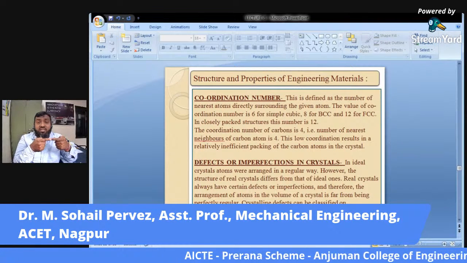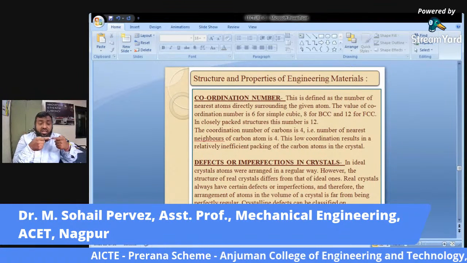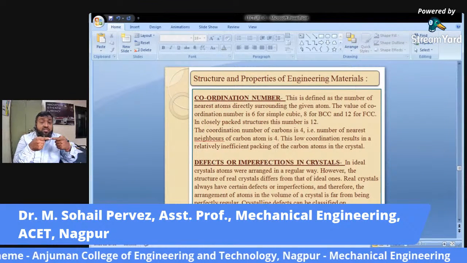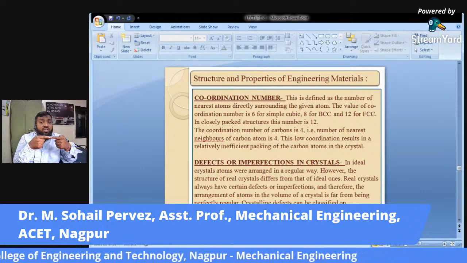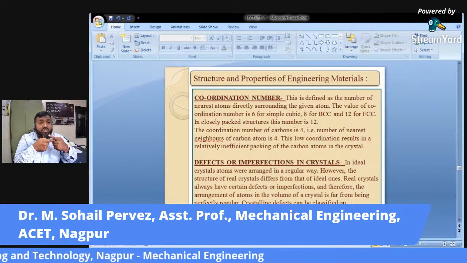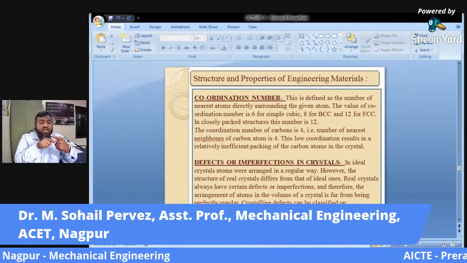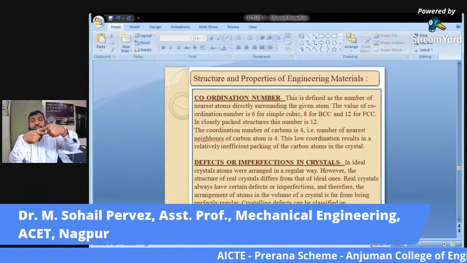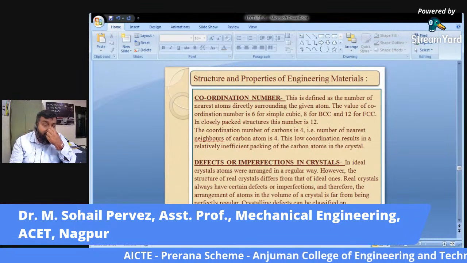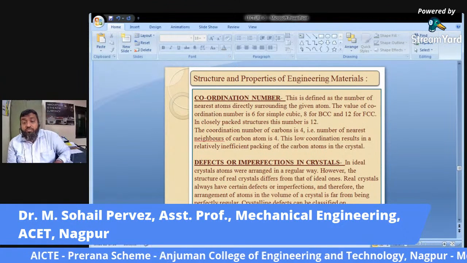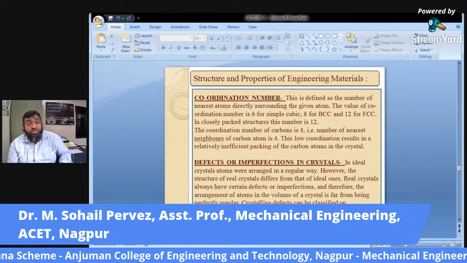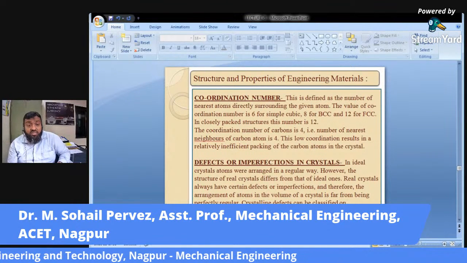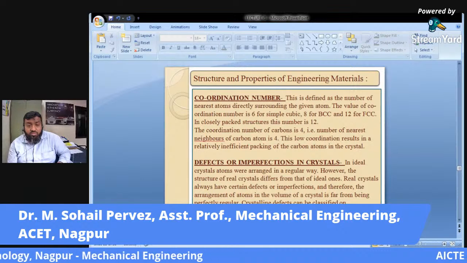Rather, in a hurry, they will not connect to the original bond, but may connect in this fashion. So there occurs the imperfection. Look at this. This imperfection is again a geometrical aspect, and these imperfections can be studied in detail in the forthcoming slides.